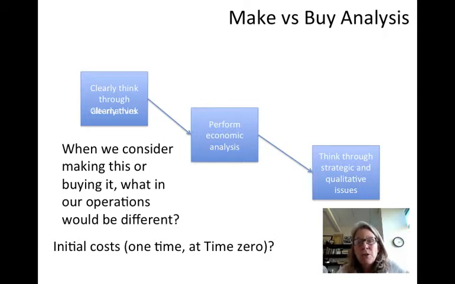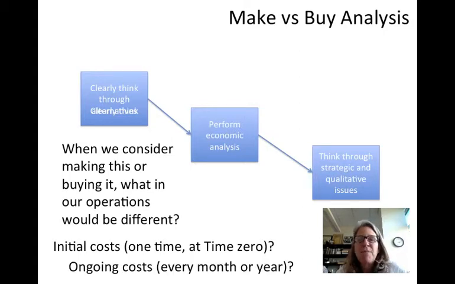But you also need to consider in the buy decision what the upfront costs are. Maybe you need to spend some time certifying a supplier. So think through the costs associated with making and buying on an initial basis, and then on an ongoing basis. What is going to be different every month, every year?